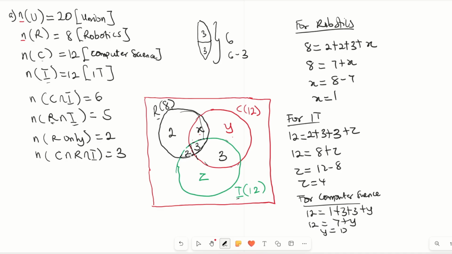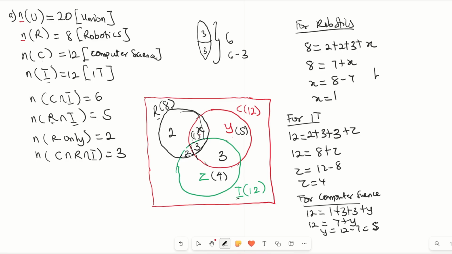So our y will be equal to 12 minus 7, which is 5, right? So we now have the portion for y. We know that our y is 5, our x is 1, and then our z is 4. So we have everything in the set for us to be able to find for our BI.